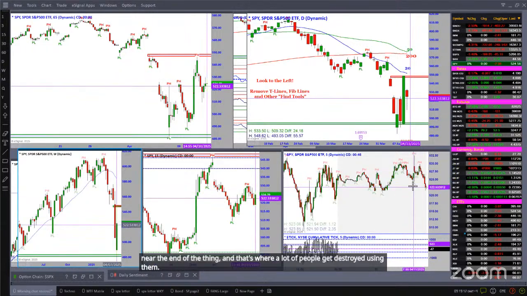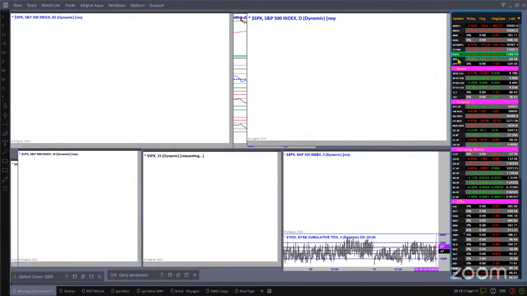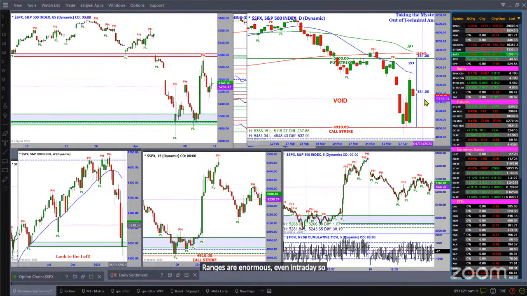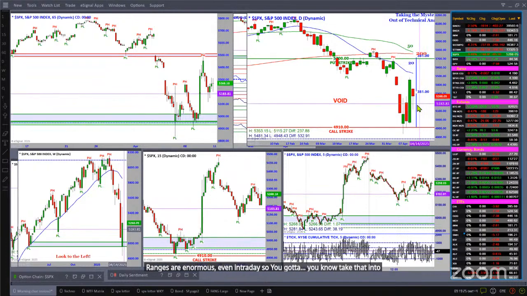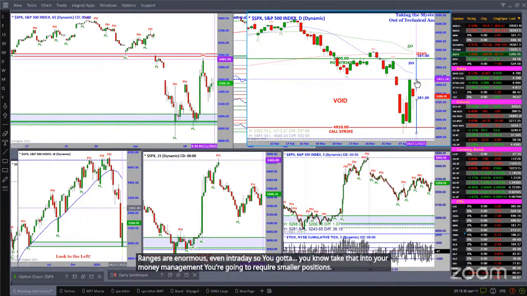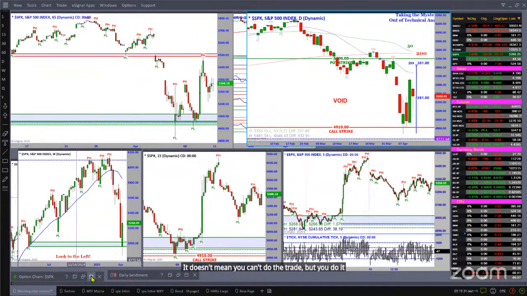All right, so ranges are enormous, even intraday. So you've got to take that into your money management. You're going to require smaller positions. Doesn't mean you can't do the trade, but you do it intelligently.